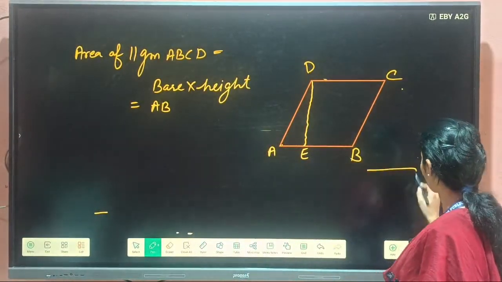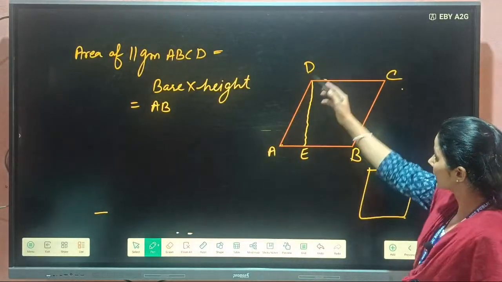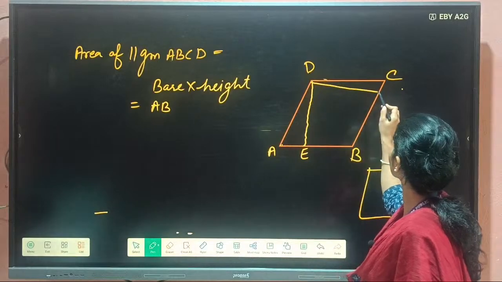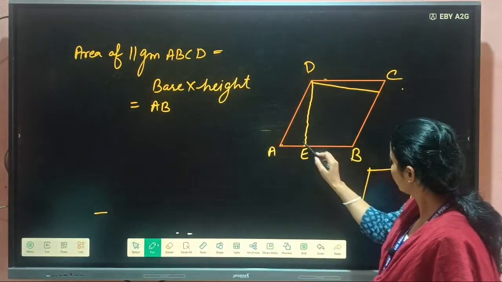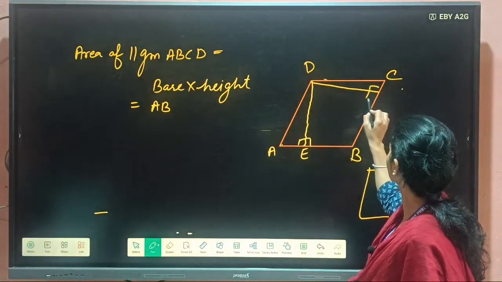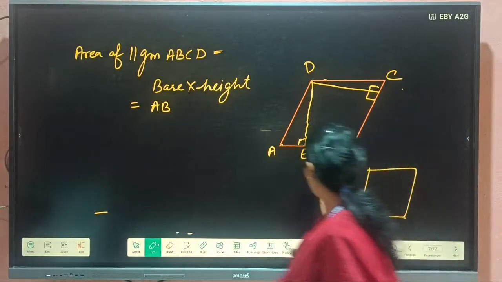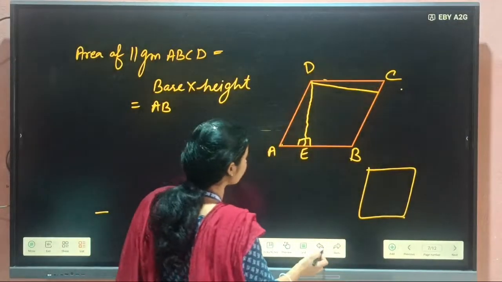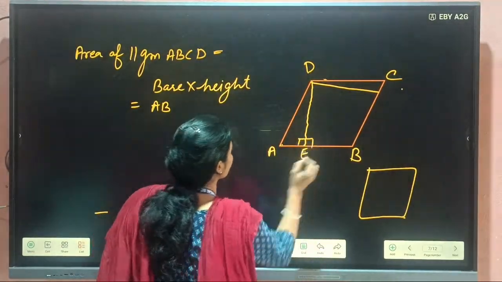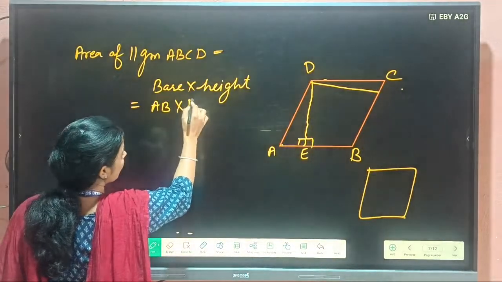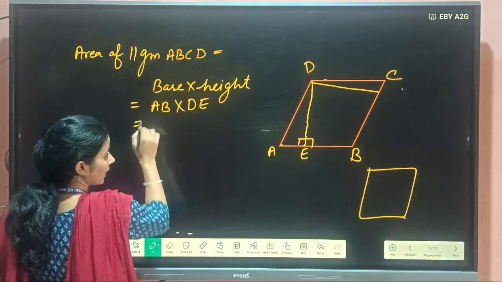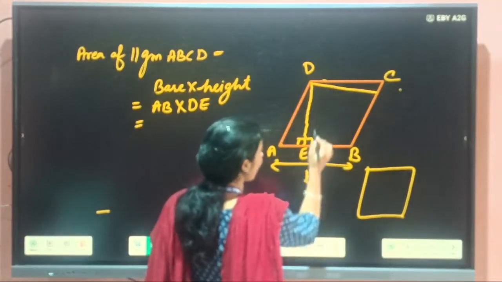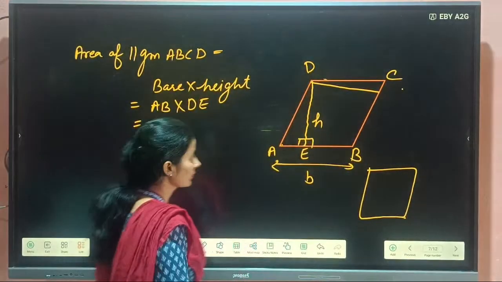And if you consider the base as AD, then corresponding to this you have to draw a perpendicular. Now we are taking base AB, so its corresponding height will be DE. Consider base b and this is h.